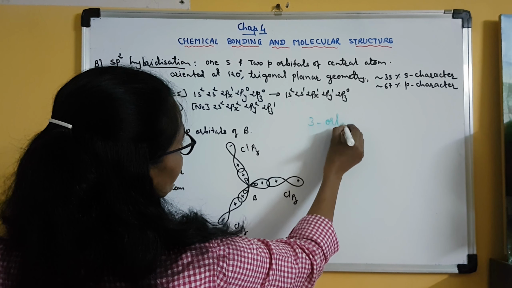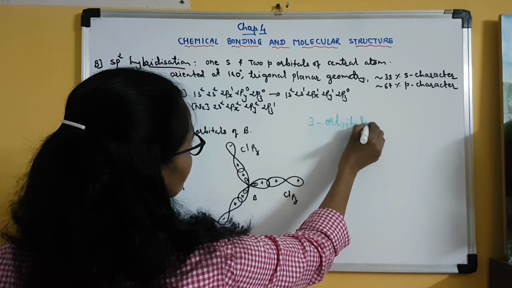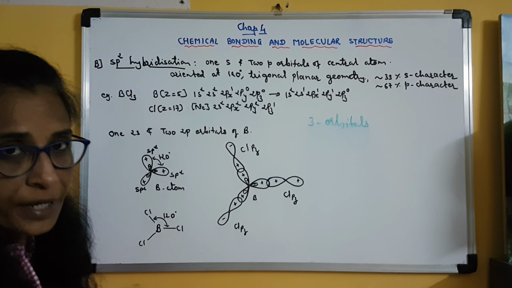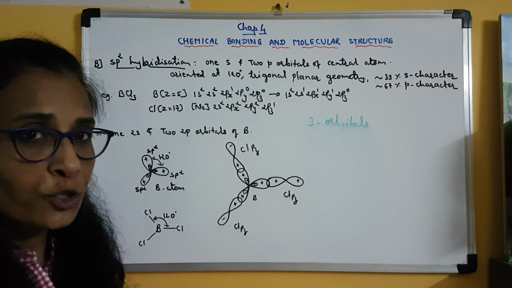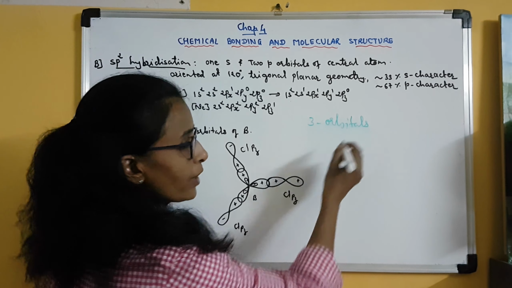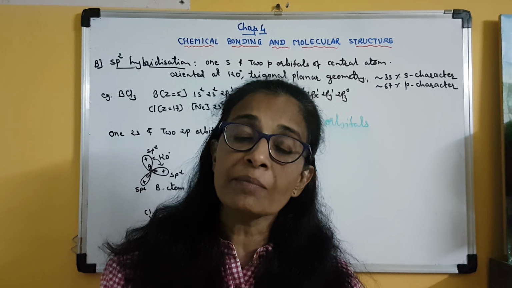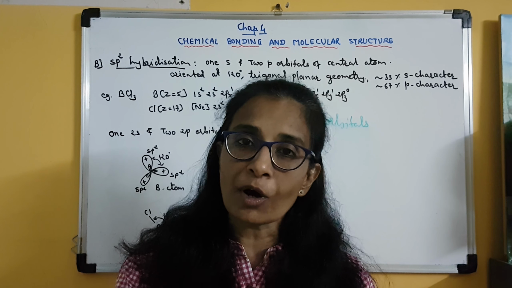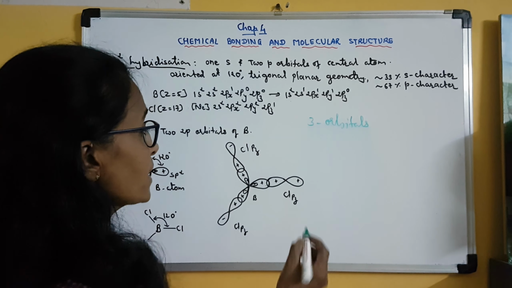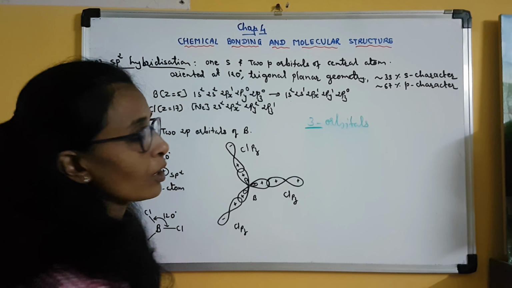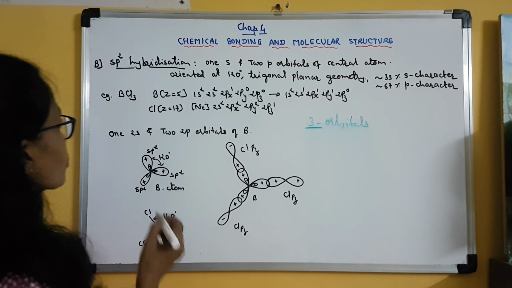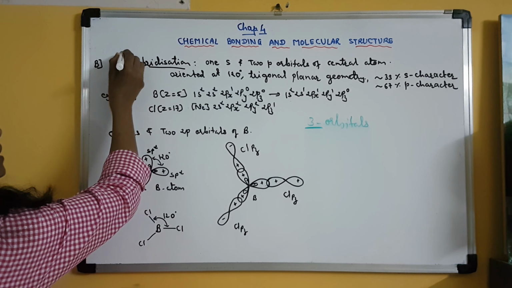Clear? 3 atomic orbitals of the central atom are undergoing hybridization. So as I told you before, the number of atomic orbitals undergoing hybridization will be the same as the number of hybrid orbitals produced. So as here 3 atomic orbitals are hybridized, 3 hybrid orbitals are produced.